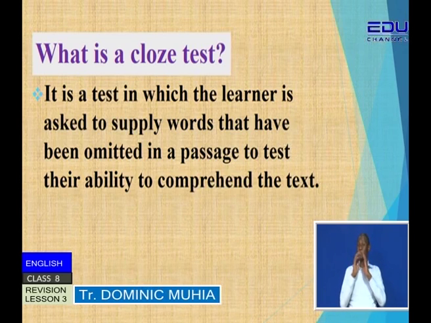So it is a test in which the learner is asked to supply some words that have been omitted in a passage. This is basically what we call the broken passage. So we have a complete passage and some words have been omitted. So it is upon you to know which is the best word to fit in those blank spaces.